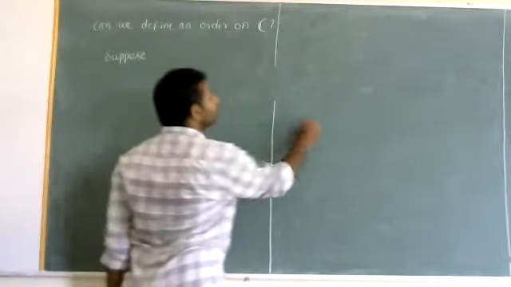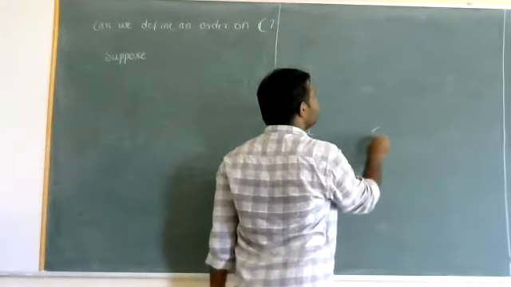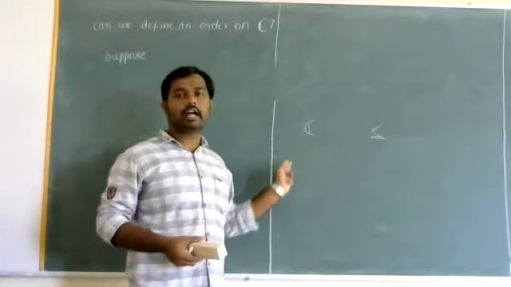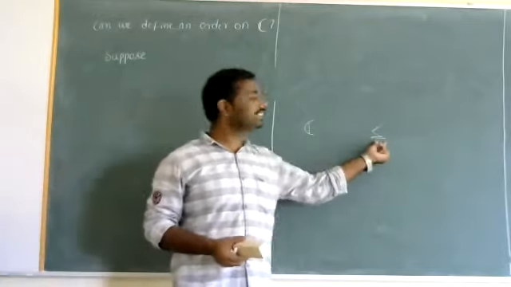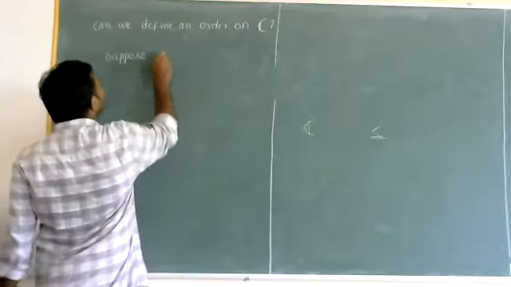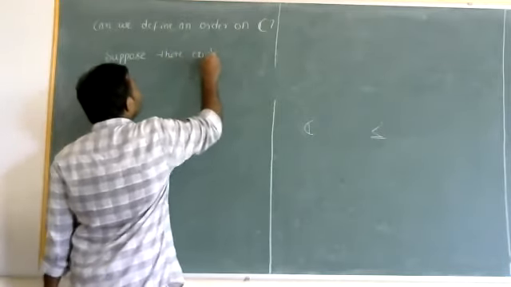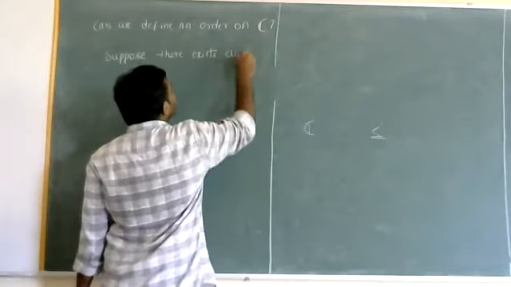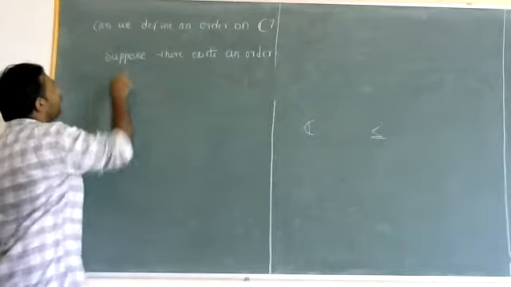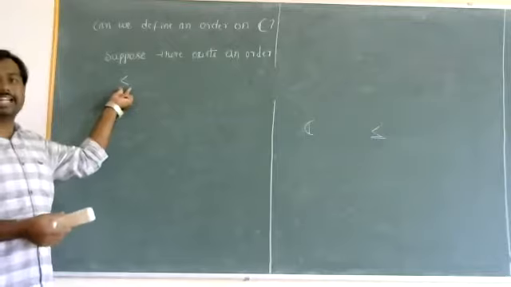That means on the set of all complex numbers, assume that we can define some order, that is, a relation which satisfies transitivity and the law of trichotomy. Suppose there exists an order, which I will denote by less than, since usually an order is denoted by the less than symbol.